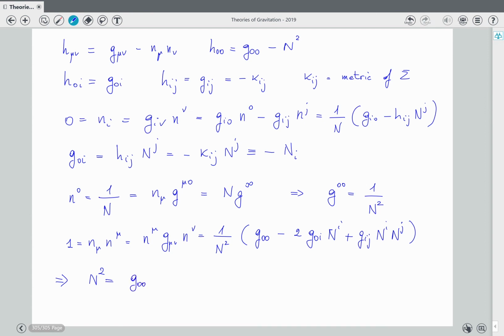That is g_{00} minus 2, you see g_{0i} is minus N_i with lower indices, so you have plus 2 N_i N^i.